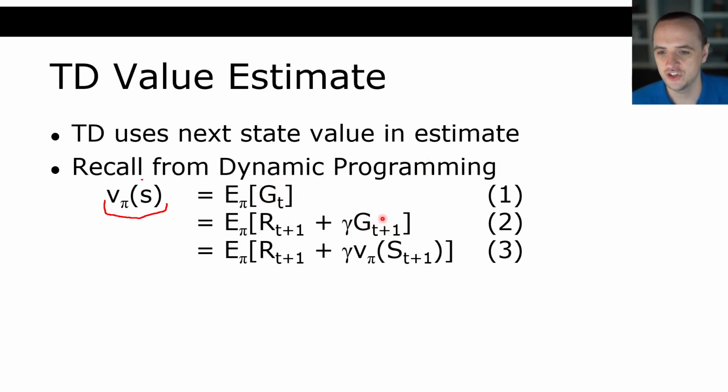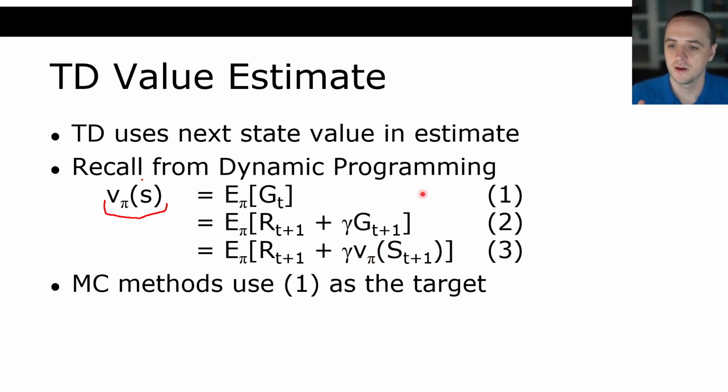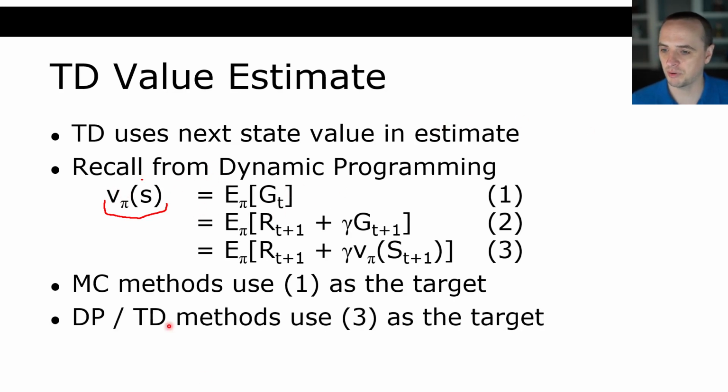And so G of t plus 1 is just equal to the value at state t plus 1 given a given policy. So Monte Carlo methods use this value, right? That's the target for Monte Carlo methods. Dynamic programming and temporal difference methods use this value as the target.